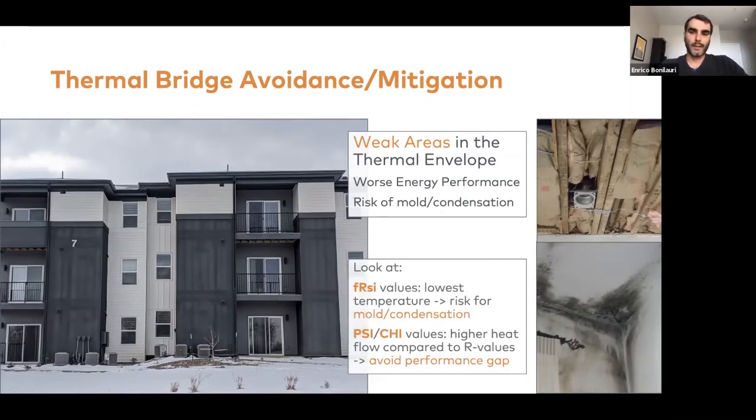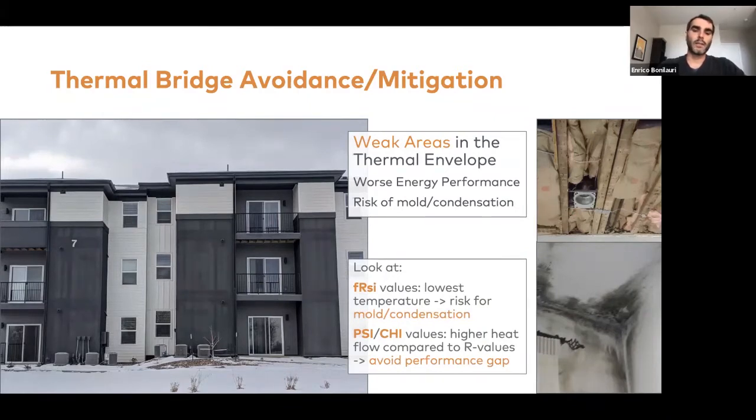Now, the way we address this is analytical. There is software that is used for that, and we can talk about those in the Q&A session afterwards. But you're basically looking at two values, two KPIs. One is the temperature factor fRsi value that allows you to address risk for mold and condensation on the surfaces.